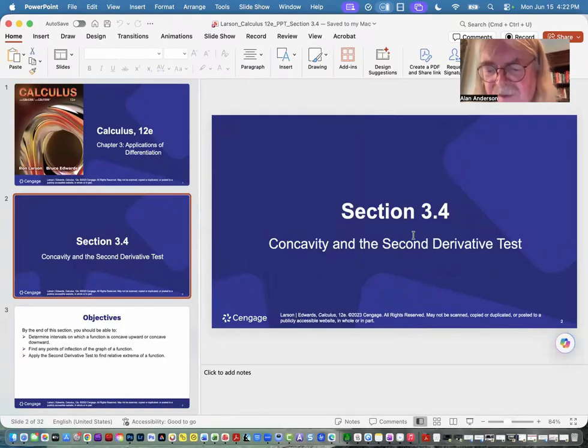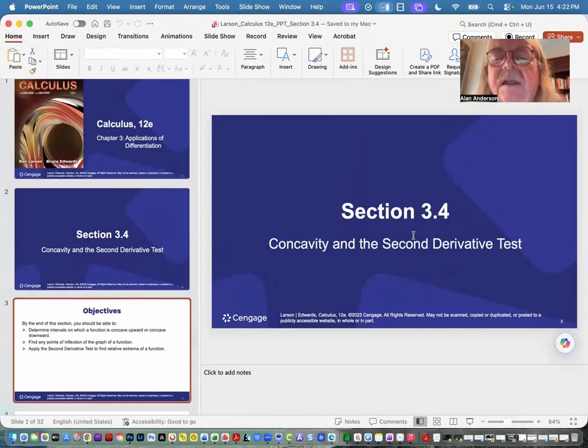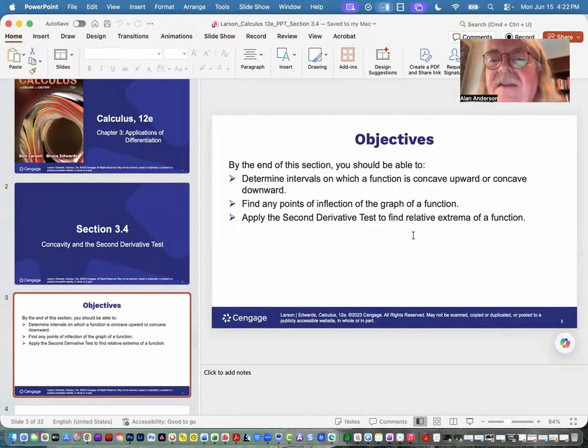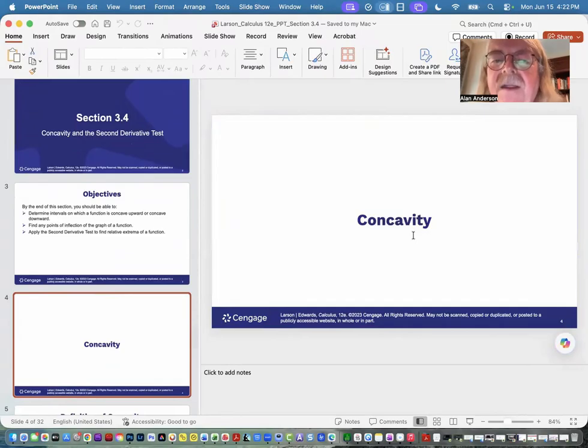Oh, applications. Okay. Now, the concavity and the second derivative test. Now, what is this all about? Well, the thing is, the test we've been looking at so far, we know how to identify the critical numbers, which can lead us to points that are either relative maxima or minima.